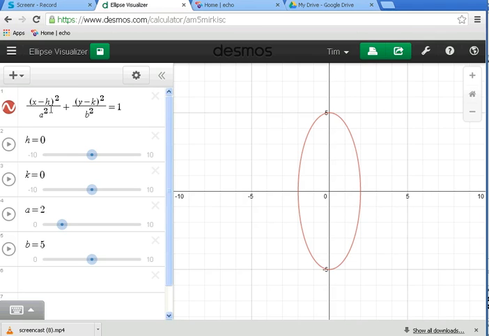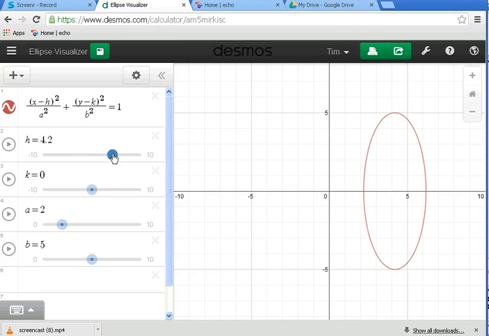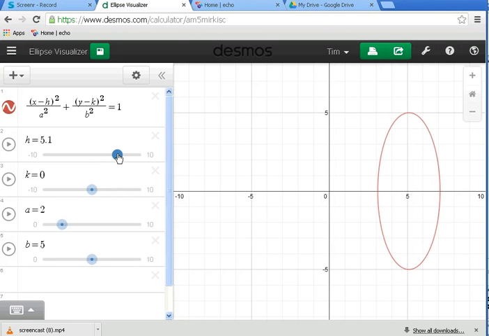Alright, now I've got an ellipse equation that includes x minus h and y minus k, and I've got sliders for everything. So if I increase the h value, the ellipse shifts to the right, which is actually exactly the same thing that happens when we shift a circle.